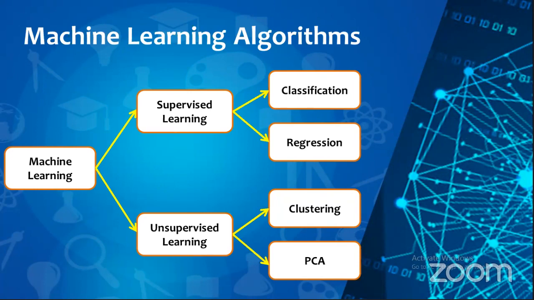What is the meaning of clustering? Grouping data based on similarities. There are mainly two types of clustering I discuss in my machine learning classes: k-means clustering and hierarchical clustering.